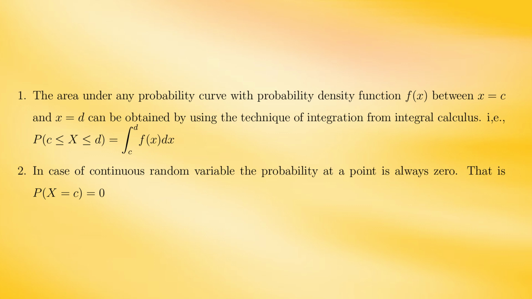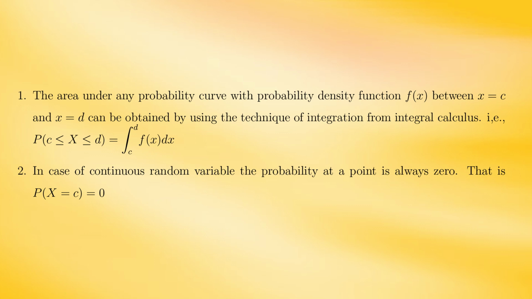Certain points are to be noted while dealing with probability distribution of a continuous random variable. The area under any probability curve with probability density function f of x between x equal to c and x equal to d can be obtained by using the technique of integration from integral calculus.